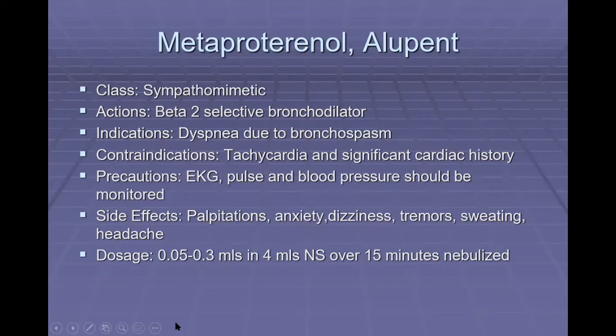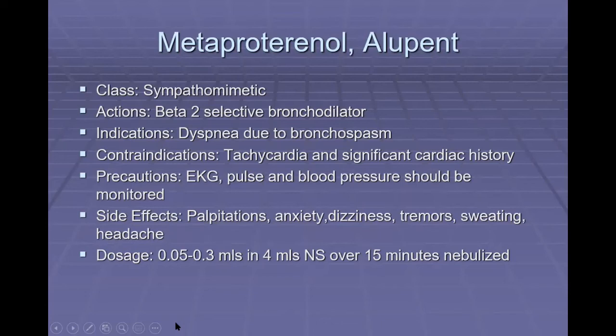Metaproterenol, it is also a sympathomimetic, and it is a beta-2 selective bronchodilator. So the indications for this medication, again, is going to be dyspnea due to bronchial spasm. Contraindications include tachycardia and significant cardiac history. So some precautions here is making sure that we do have our EKG, we are monitoring blood pressure and pulse.